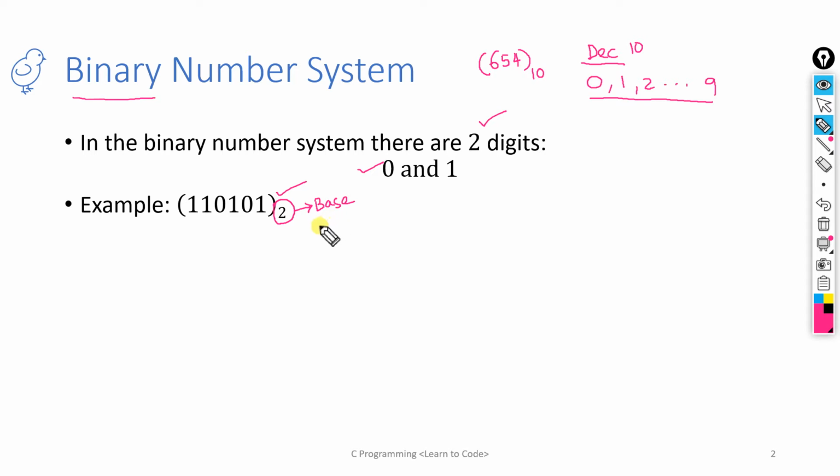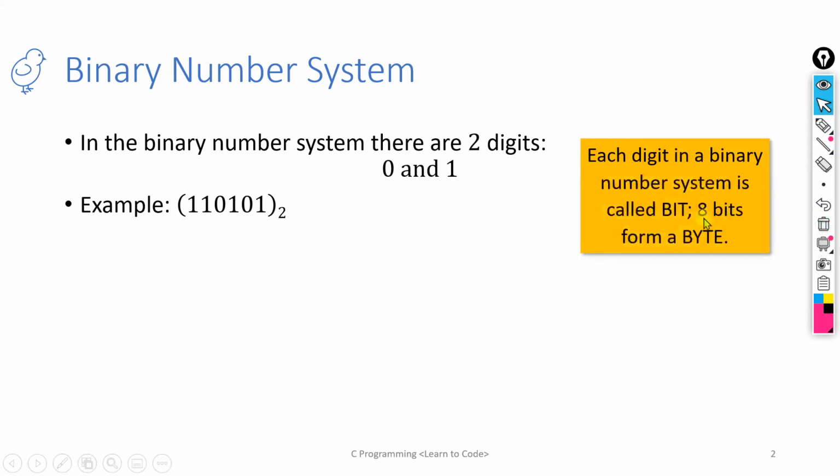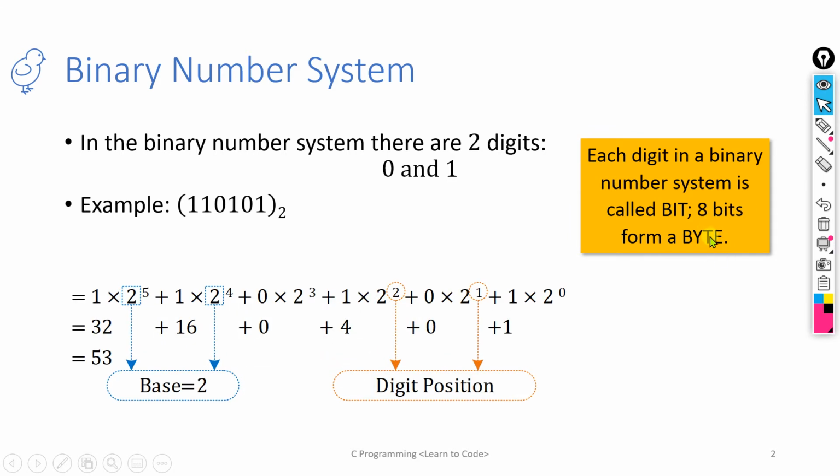Now interestingly, as the computer uses the binary number system, whenever 8 digits are combined together, we call it a byte.